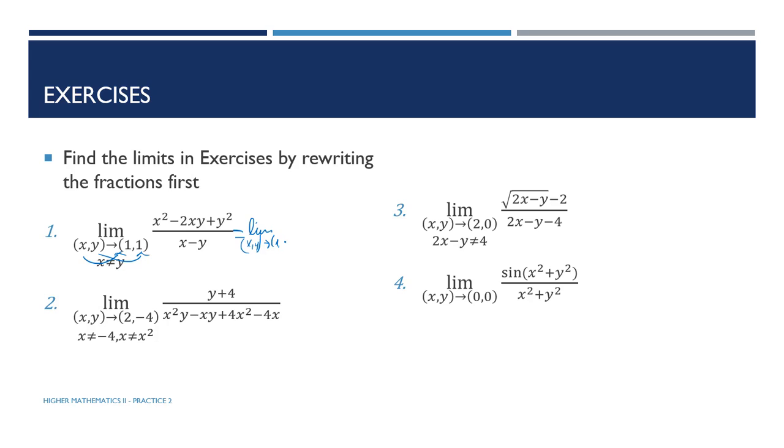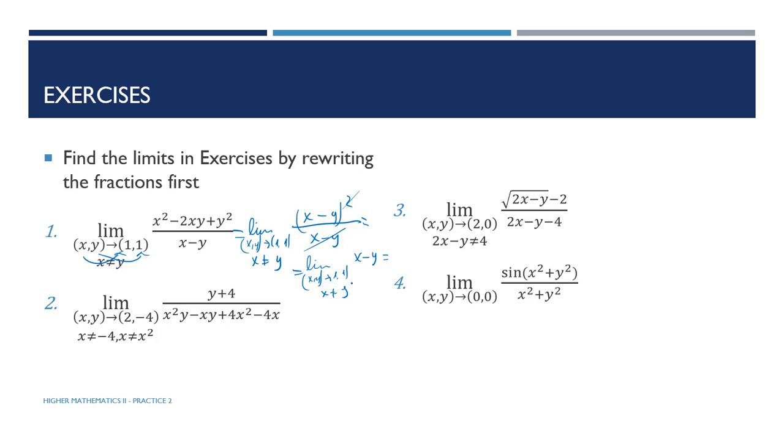I can write the limit as x, y tends to 1 and 1, x is not equal to y, numerator x minus y squared. Then x minus y cancels, and I will get the limit as x, y tends to 1 and 1, x is not equal to y, of x minus y.